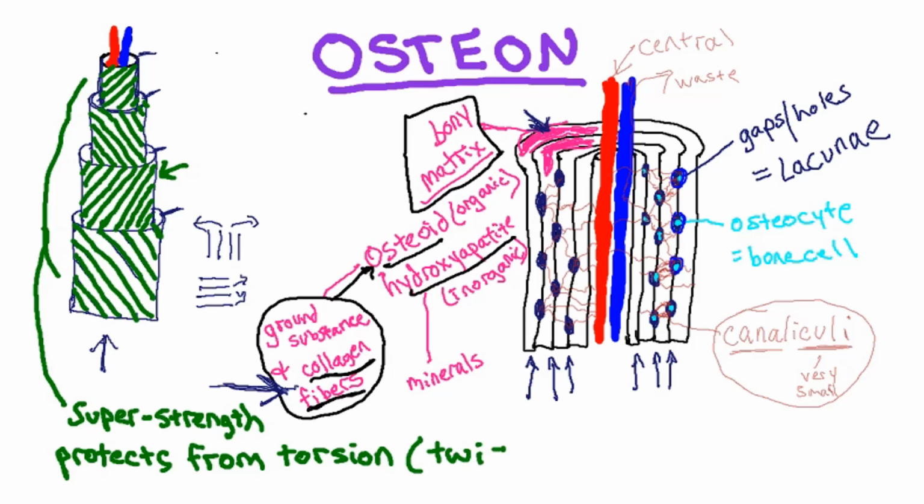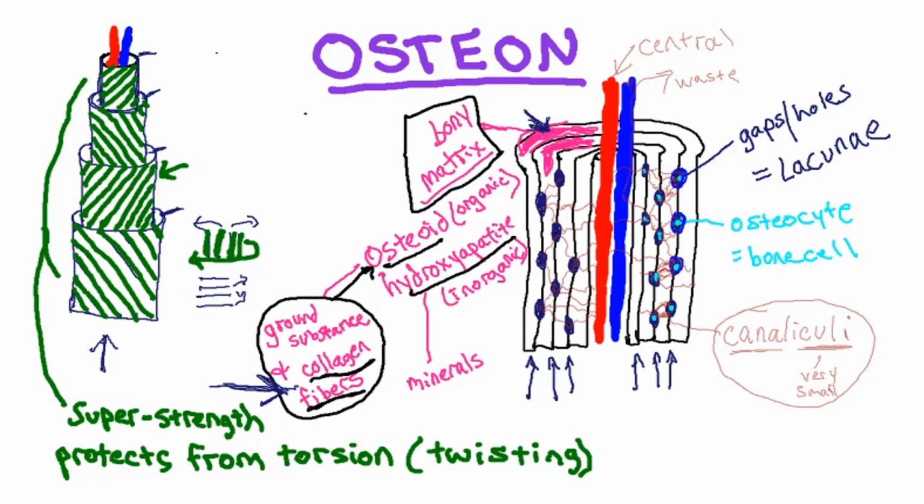Because if you just had collagen fibers making up this lamellae running up and down like we had, and you twisted it around, it would give you a fracture. You would fracture your bones really easily.